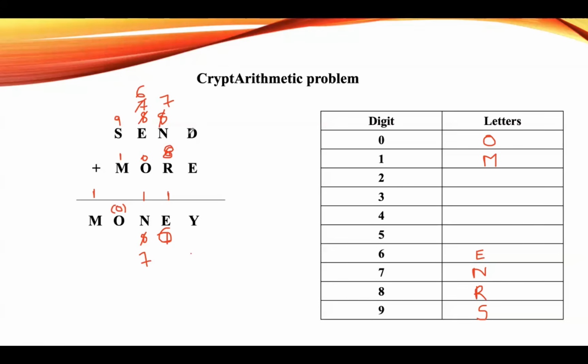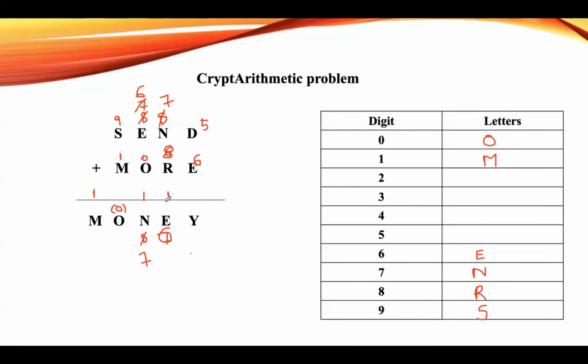Now let us move to D. So assign 6 and check this value. The next largest number is 5. If you take 5 plus 6, that is 11.